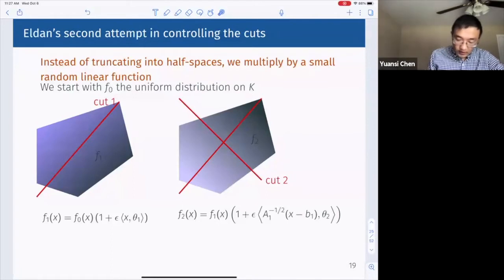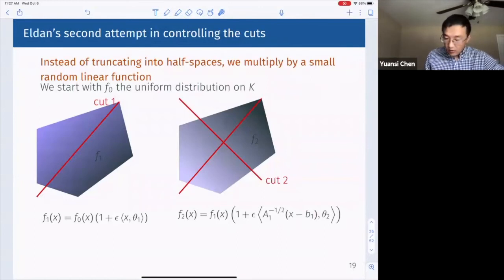You find a direction θ1 and multiply the original density by 1 plus epsilon x transpose θ1. So the density on the right-hand side of this cut increased a little bit, and the density on the left-hand side decreased a little bit.